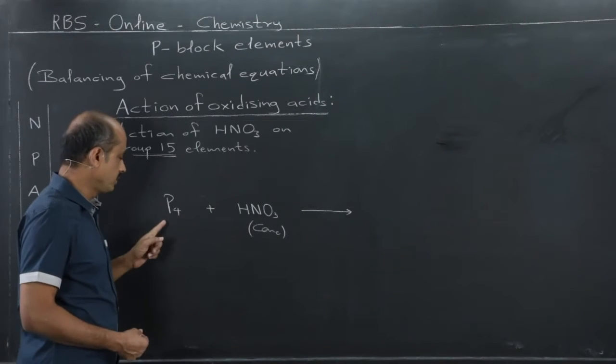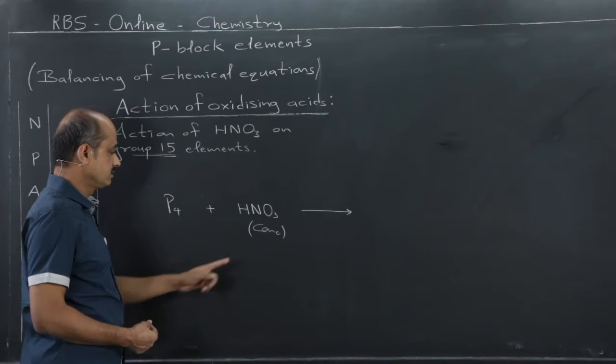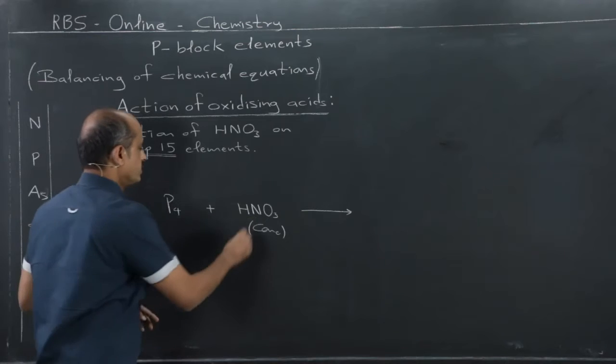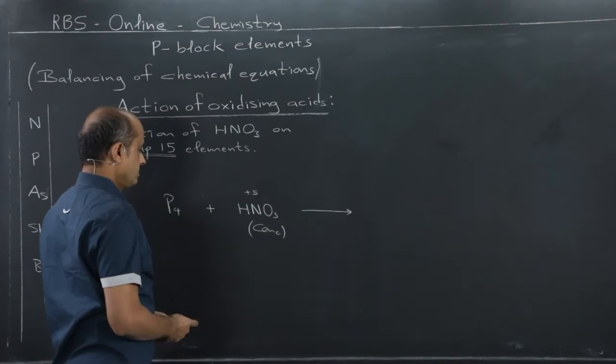So, while balancing we have to use this, and as I have just told you, concentrated nitric acid is an oxidizing agent and the oxidation number of nitrogen is plus 5. One thing is common.